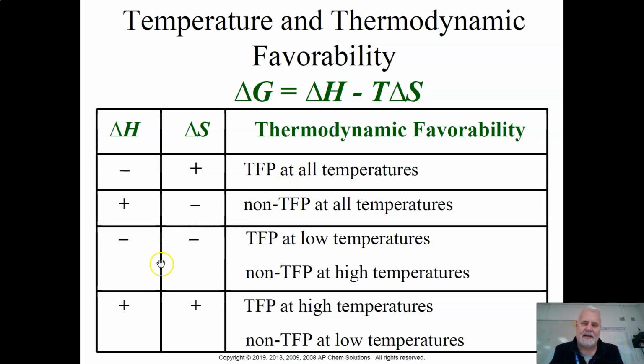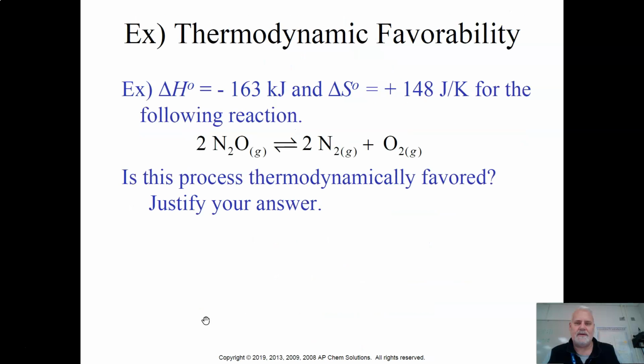We just had an example where this was negative and negative, and it was a thermodynamically favored process at low temperatures, but if the temperature sneaks up there a little bit, then they become not thermodynamically favored. So just make sure that you know these relationships. I think just a memorization of this chart is the way to go. So make a note to yourself there to memorize those things.